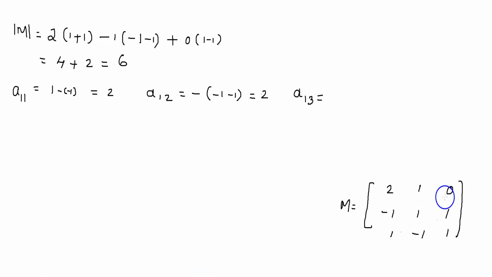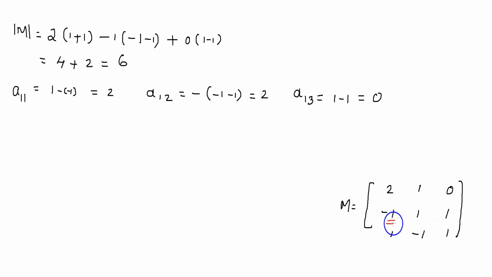Here minor of A13 is minus 1, 1, 1, minus 1. After cross multiplying the minus we get 1 minus 1, which is equal to 0.